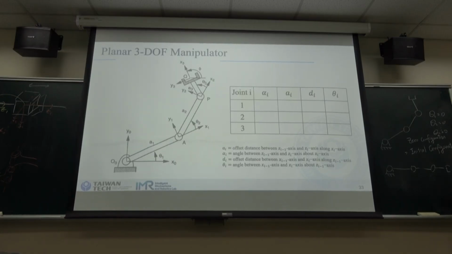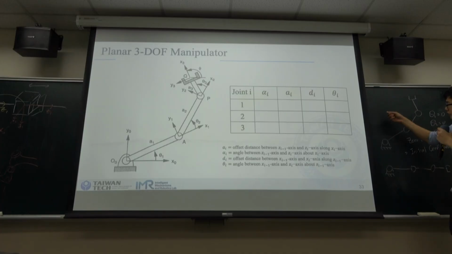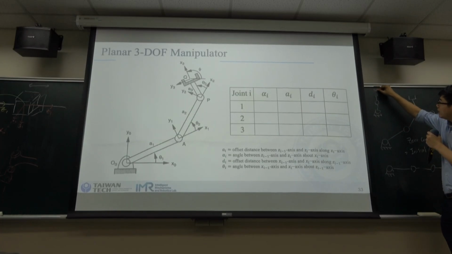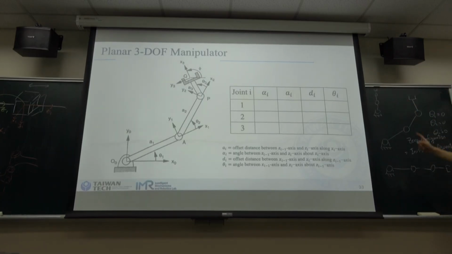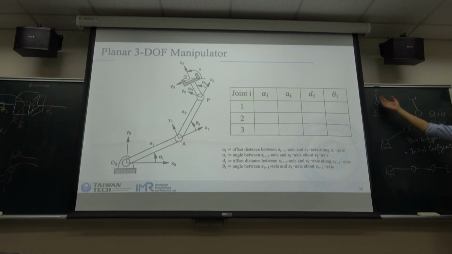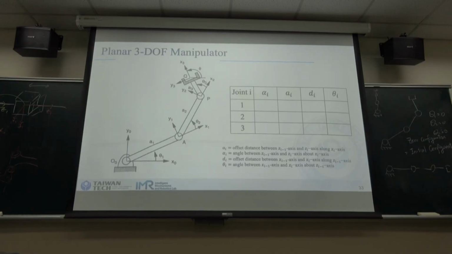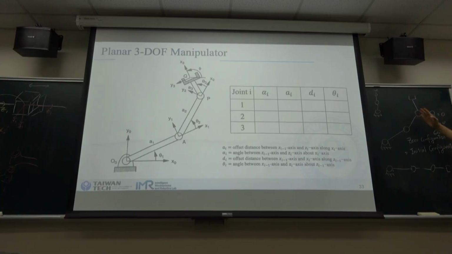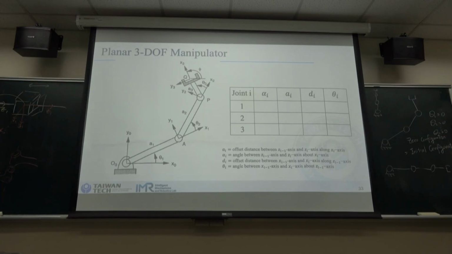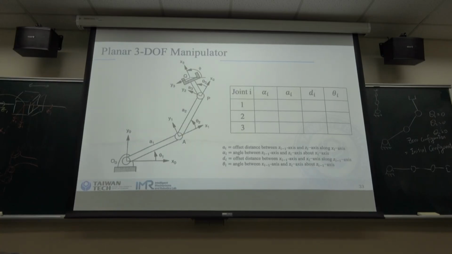I can say that my zero configuration of this robot is going straight up. If I set all the motor values to 0, the robot is in this configuration. Also we can set this configuration as zero configuration. Any pose we can set as zero configuration because we can set our motors to 0 value at any point.